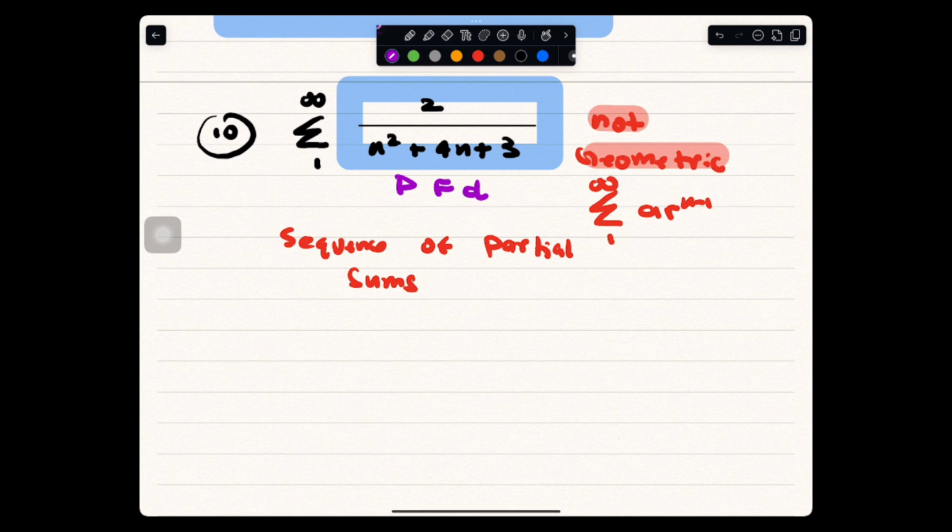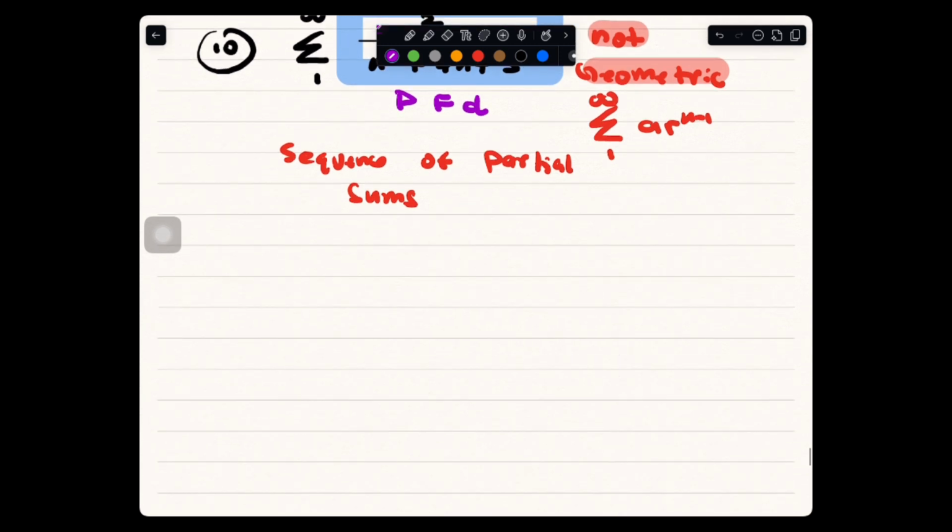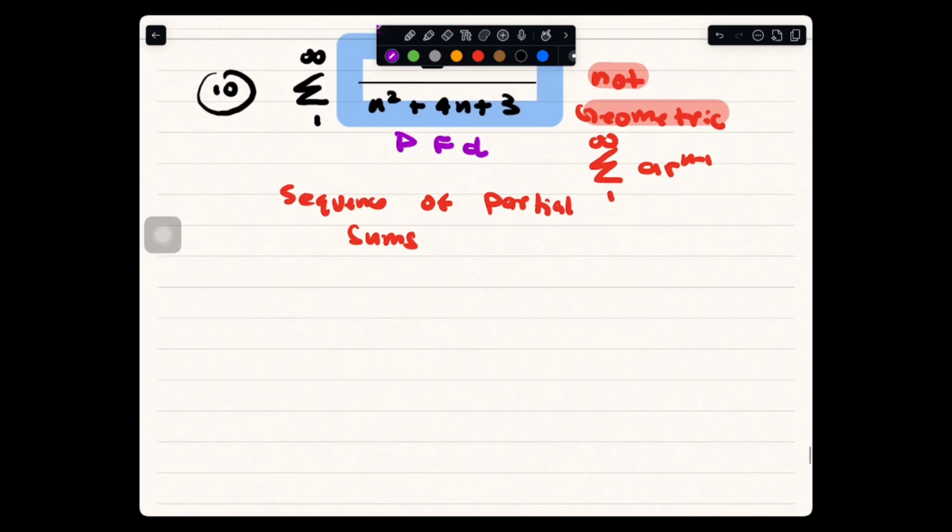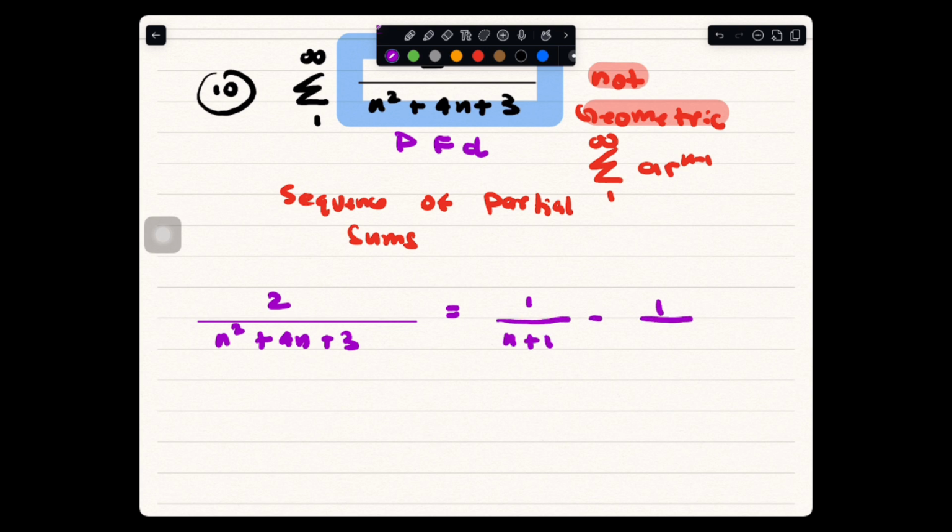What's PFD? Partial fraction decomposition. So use PFD, and I'll tell you what happens by PFD. The quotient 2 over n squared plus 4n plus 3 by that process becomes 1 over n plus 1 minus 1 over n plus 3.